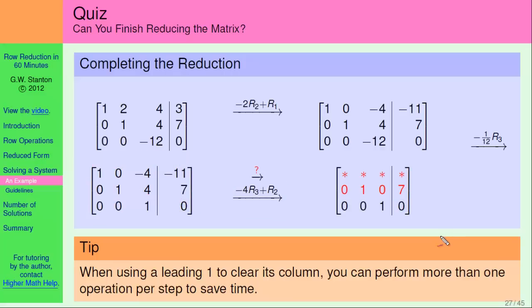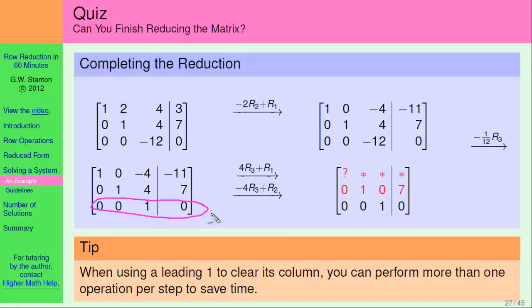How about the next operation? Well, we said we want to clear the negative 4, and to do that, we will use the leading 1. Specifically, we will multiply the leading 1's row, row 3, by the opposite of negative 4, which is positive 4, and then add that to row 1. What do we get?